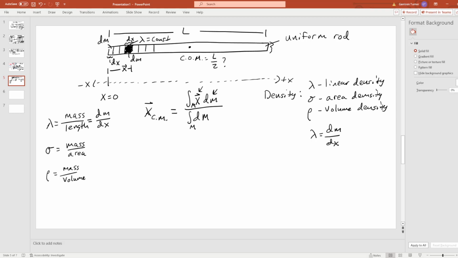Now I can solve this for dm, and write it as lambda dx. Now I have an integration variable in terms of the variable that I have a function of. And so now I can do something interesting with my integral. This is going to be equal to x times lambda times dx.